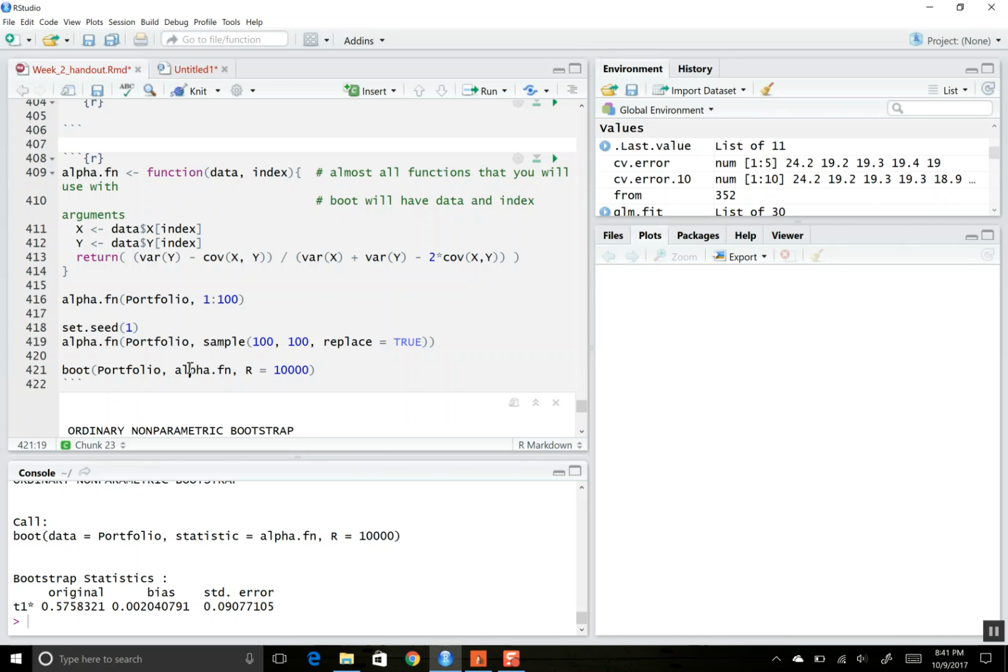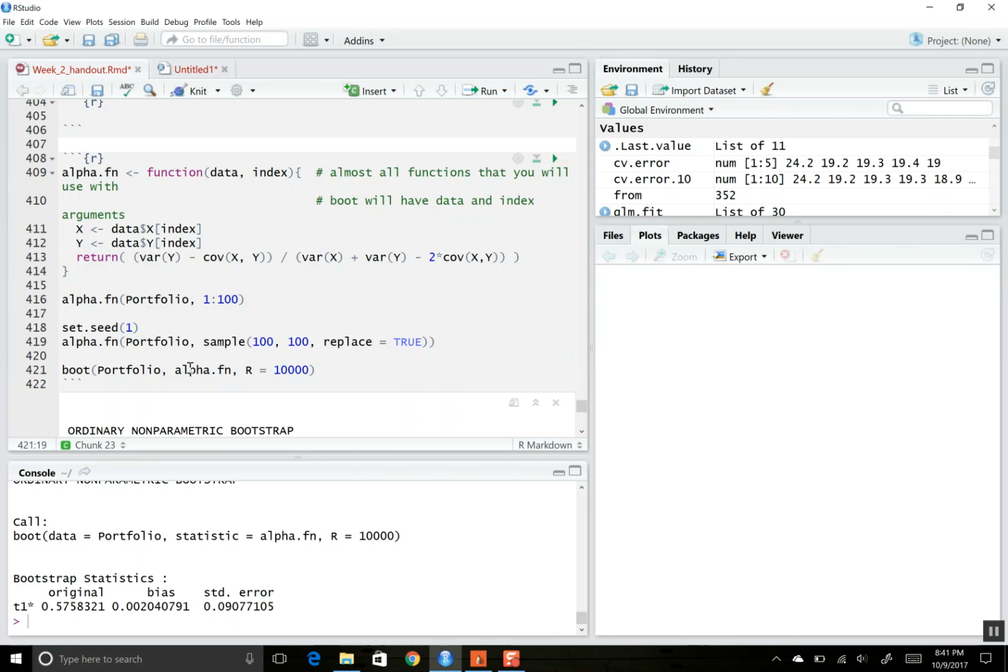Therefore, if I made infinite copies of this thing, then I have a pseudo population, okay? And effectively, on a practical level, that means we just resample our sample with replacement. And if we do this repeatedly many times, we can produce a sampling distribution ourselves and get an idea of what the sampling distribution looks like, okay?